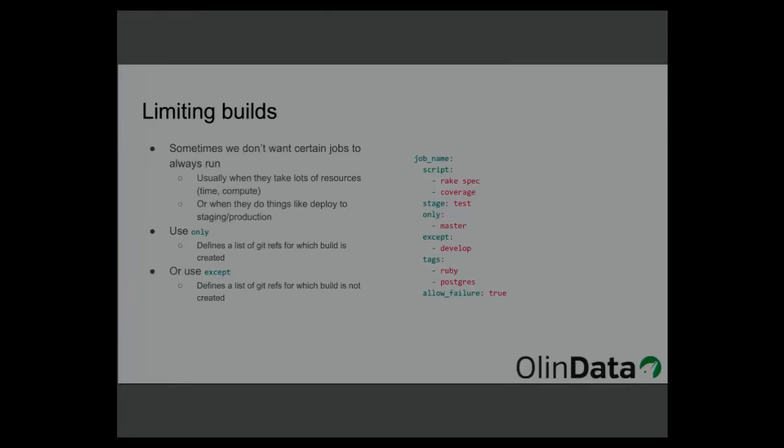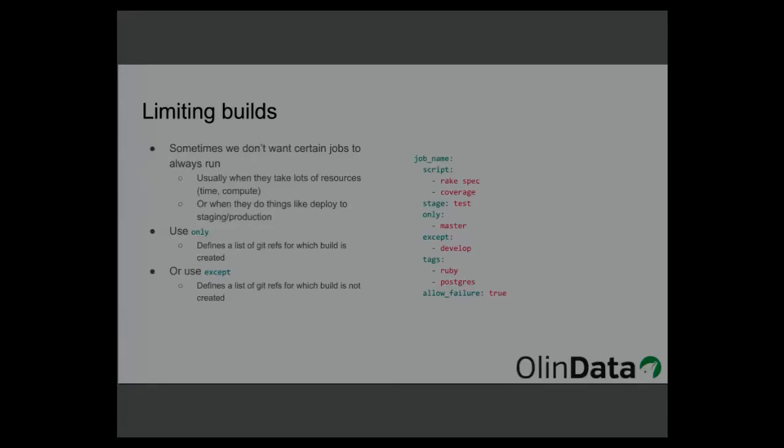And as you might expect, only defines a list of git refs for which the build is created, and except a list of git refs for which it's not created. So in this case, we will only run this for the master branch, except, yeah, you wouldn't actually use this combination together.